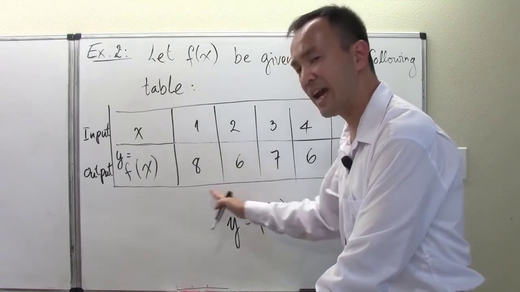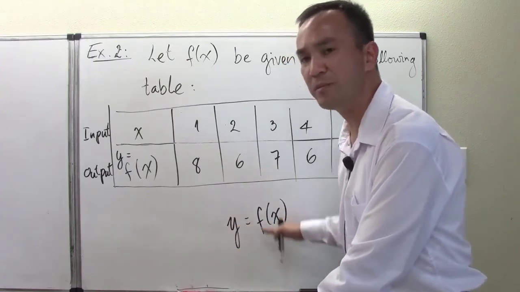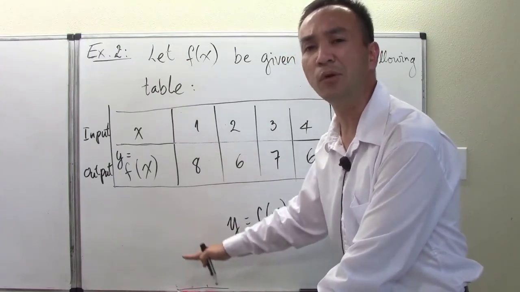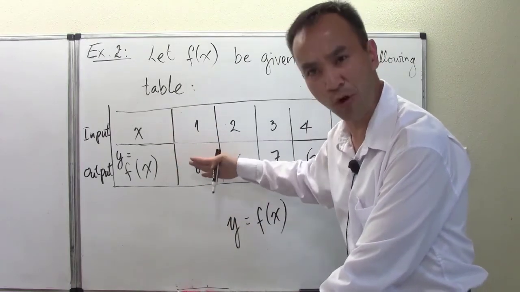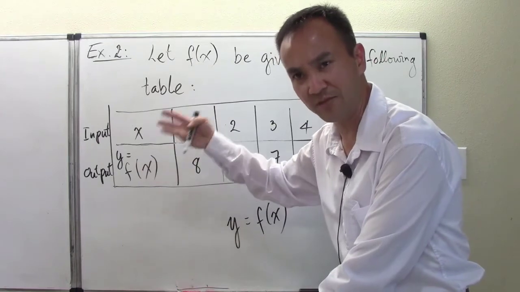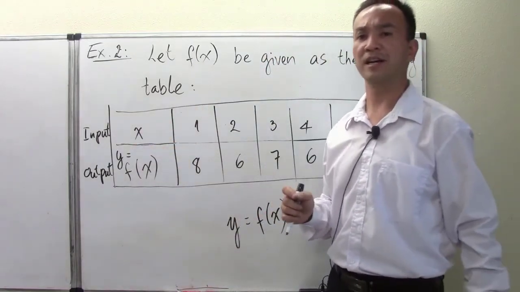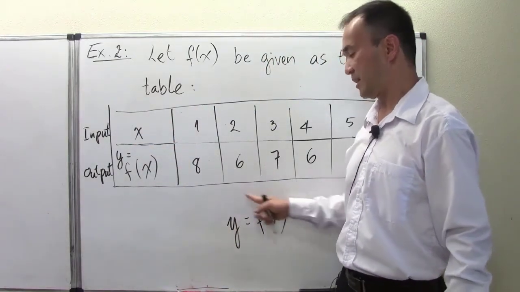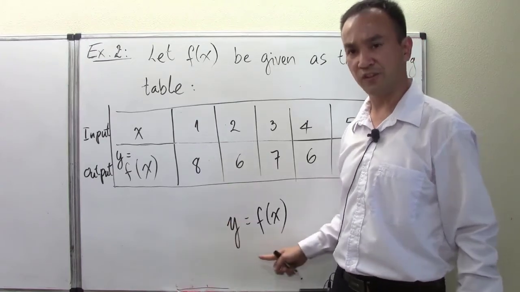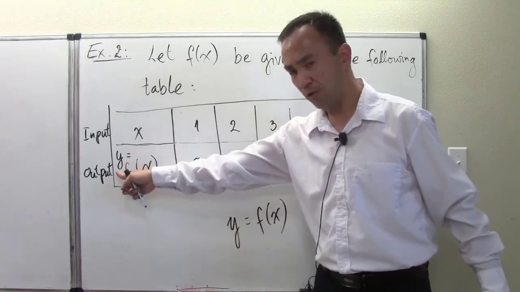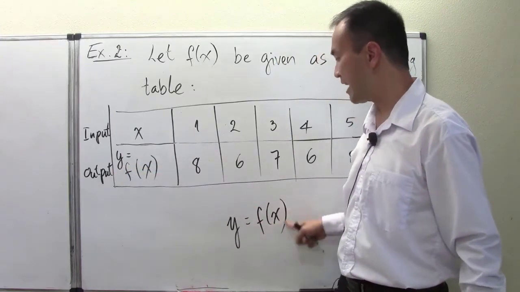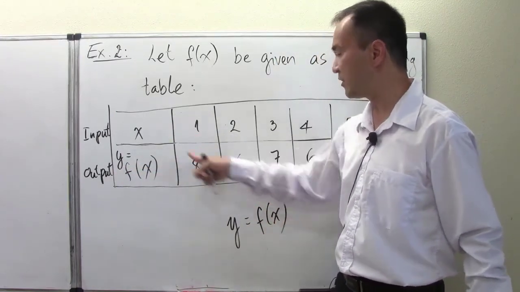Sadly, for this problem, we won't be able to write anything more explicit than this, simply because the rule was given as a table instead of a formula, instead of a mathematical expression. So here it's just the equation notation, but this is about all we can write there. So y, as a variable for the output, equals whatever comes out as the output based on any given x expression.